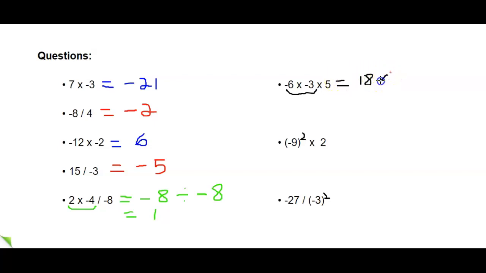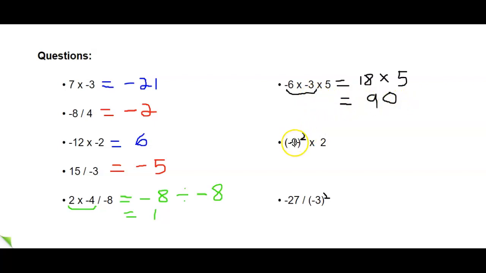Then we have to put back the multiplication sign, then put 5. 18 times 5. 5 8s are 40, so you put down the 0. 5 1s are 5, and 4 is 9. 18 times 5 is 90. So our answer here is positive 90.